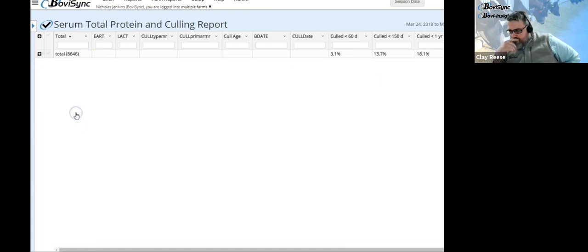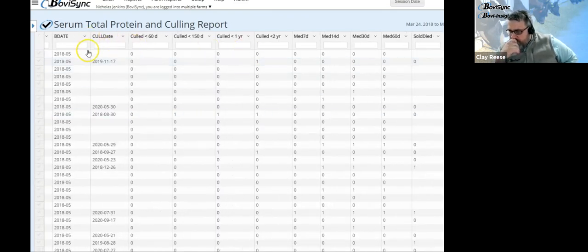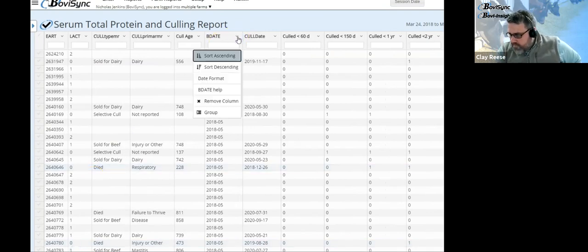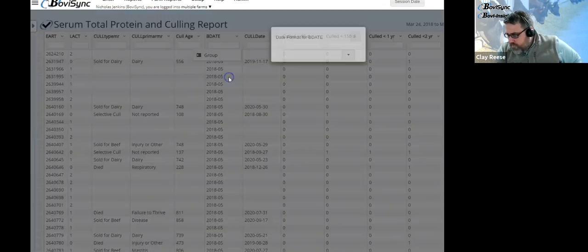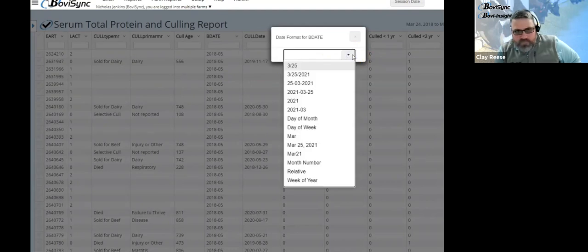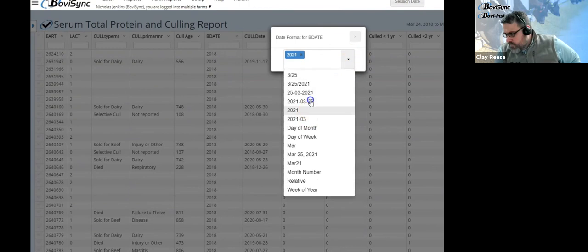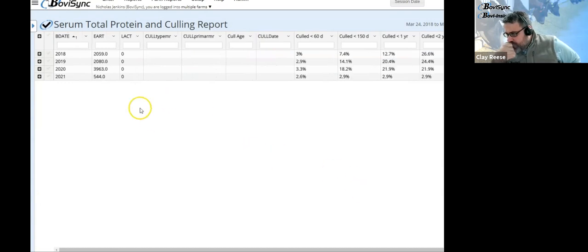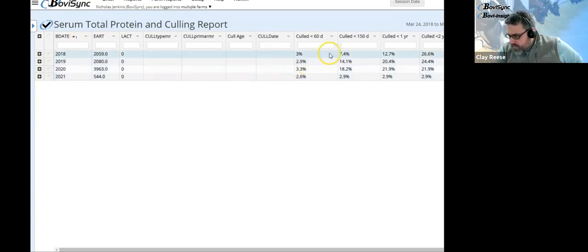We'll get rid of this total column, and now I will sort by birth date. We have the ability to choose a variety of different date formats. In this circumstance, I'm going to do it by year, then group it. So now we can see the percentages of each of these measures by the year of birth date.